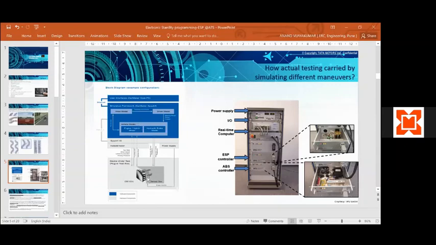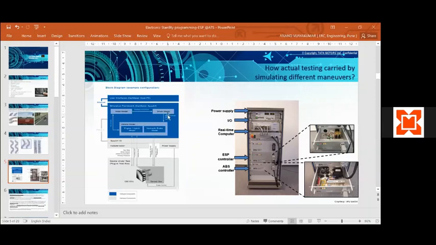Here in the architecture of the simulation environment, there is the virtual software, which we have mentioned as CarMaker, and there is a physical controller, the actual controller which goes into the vehicle.